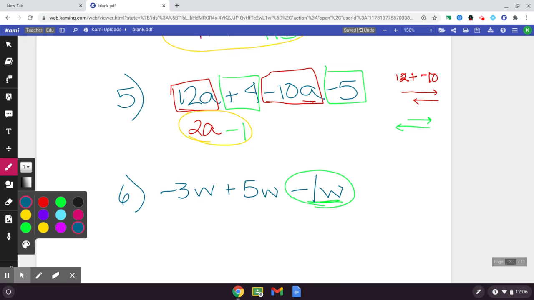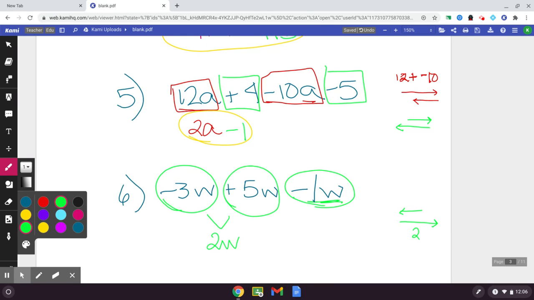Okay, so now that I know that it's saying minus 1w, I can combine with my other w's. So I have negative 3w and positive 5w. When I combine those two, I think I'm going to go back 3, forward 5. So at that point, I'm at positive 2. So I have two w's.